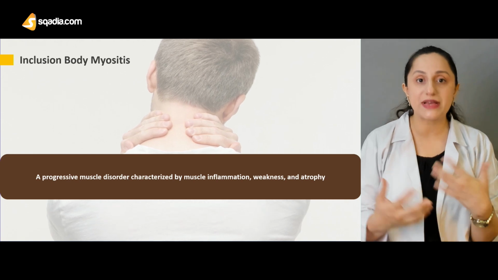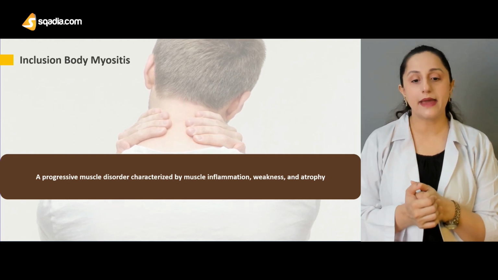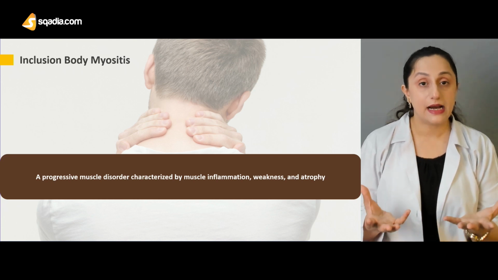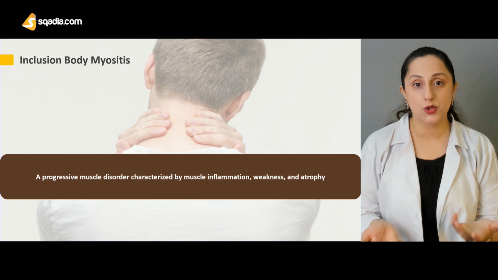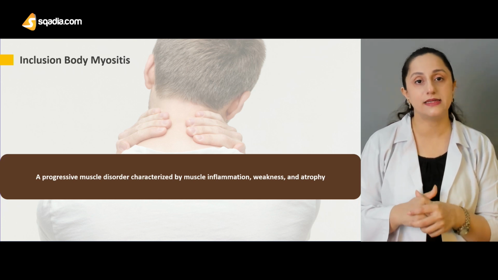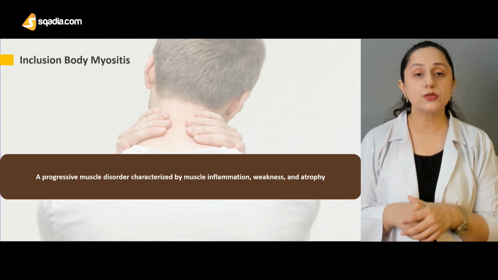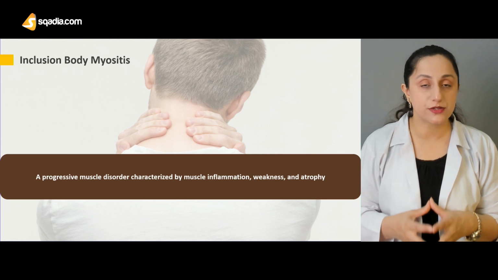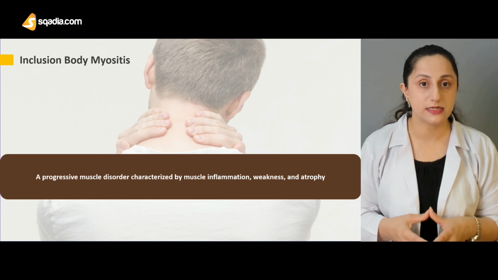It's basically a progressive muscular disorder, and it is characterized by an underlying inflammatory process that is going on, and it is again resulting in the weakness and the atrophy of the muscles. So these are the particular features that we usually observe in patients of inclusion body myositis.